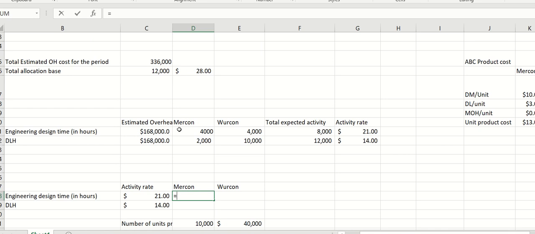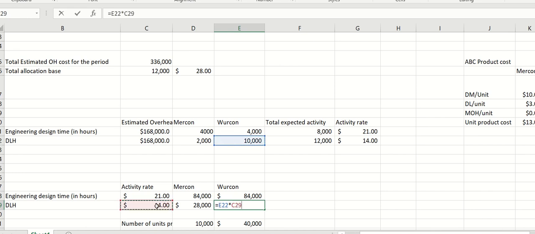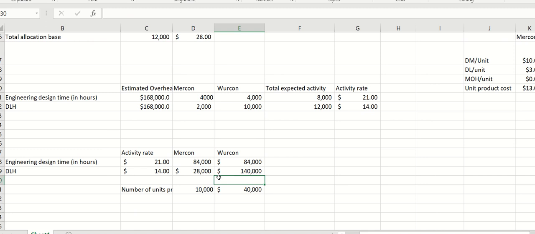And I need 4,000 engineering design time, times our activity rate, 2,000 direct labor hours in total, times our direct labor hours activity rate, 4,000 Workon hours, times the activity rate, 10,000 Workon direct labor hours, times $14.